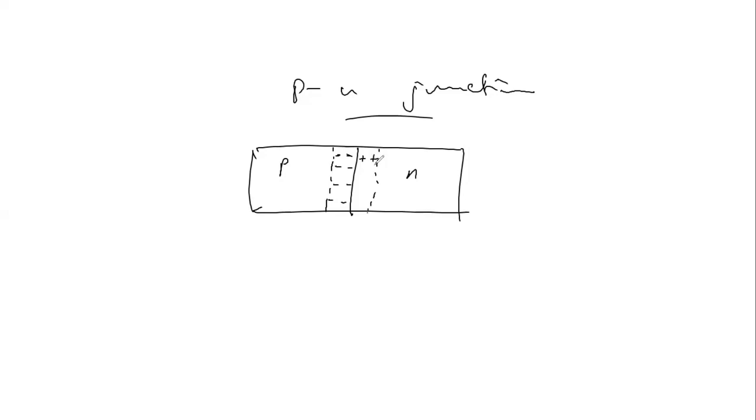For the n-type, we're going to explain this shortly. Here we have majority carriers and the minority carriers.